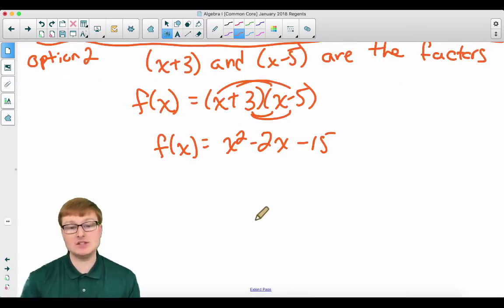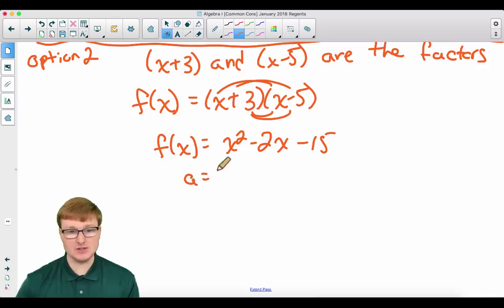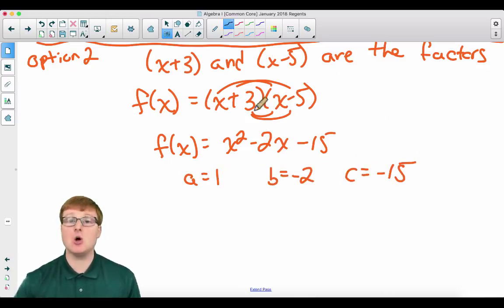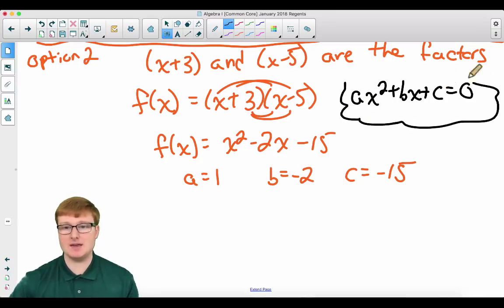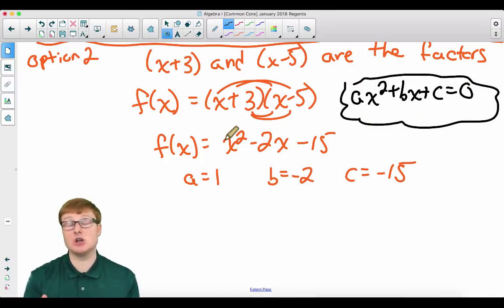In this equation, a is 1, b is -2, and c is -15, because remember, all quadratics are in the form ax squared plus bx plus c equals 0. Just take the coefficients in front of each term.